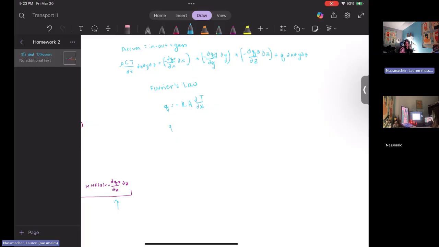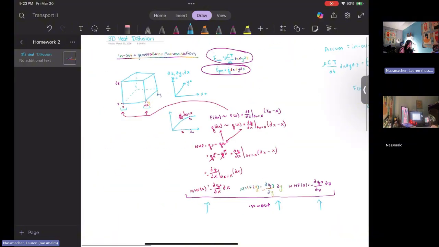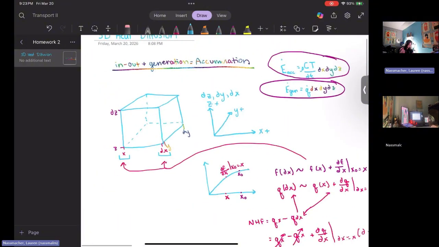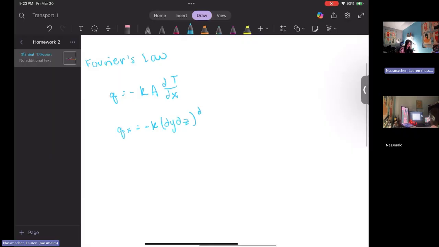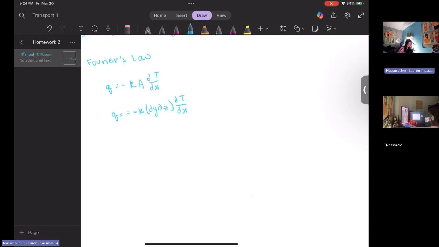So if we were to find the heat flow at x, we would have the thermal conductivity multiplied by an area, which in this case would be our dy multiplied by our dz as seen on the cube, because if you're finding x, you have your dy and your dz, multiplied by our change in temperature over our change in distance, which is x in this case.